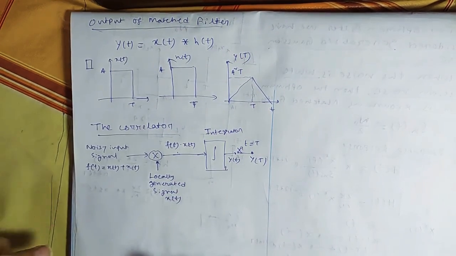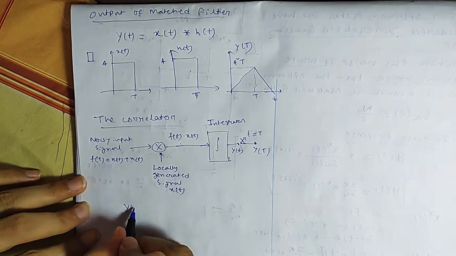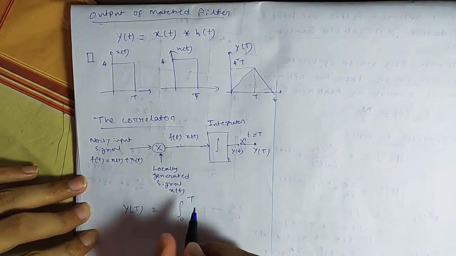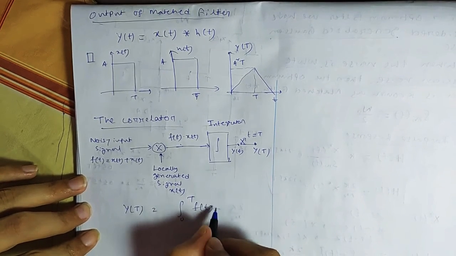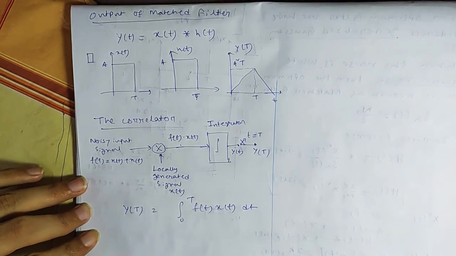So that will be the correlator, and the correlator output is y(T) equals the integral from 0 to T of f(t) x(t) dt.